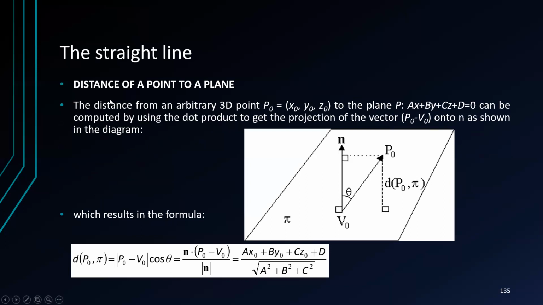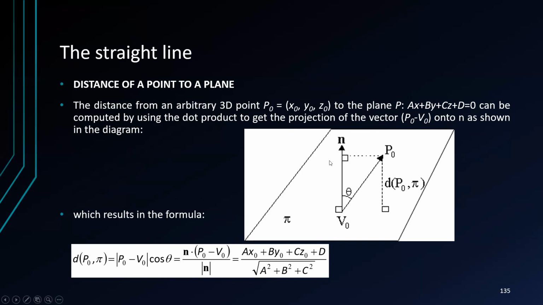So, next, distance of a point to a plane, or the shortest distance. The distance from an arbitrary 3D point P0, which is X0, Y0, Z0, to the plane pi, ito yung plane, AX plus BY plus CZ plus D, can be computed by using the dot product to get the projection of the vector P0 B0 onto N as shown in the diagram.